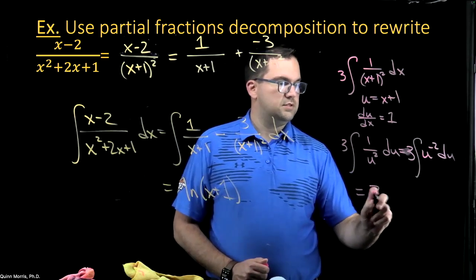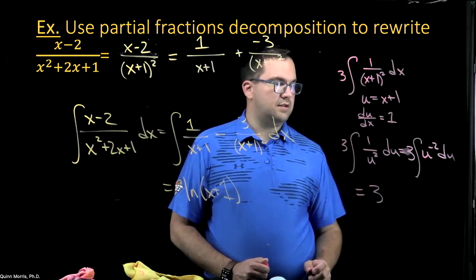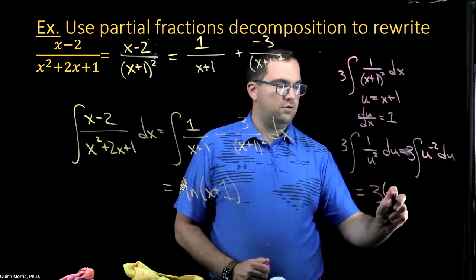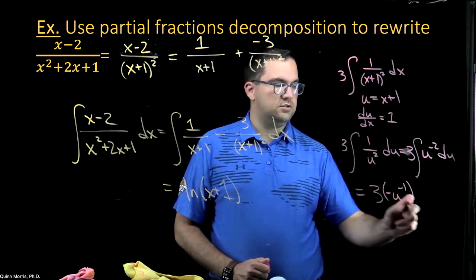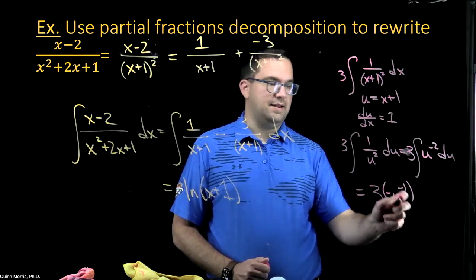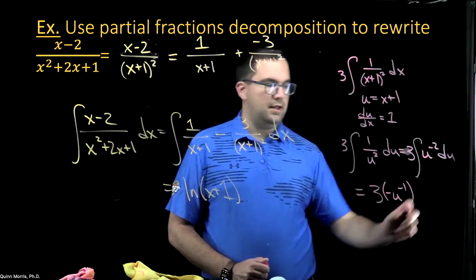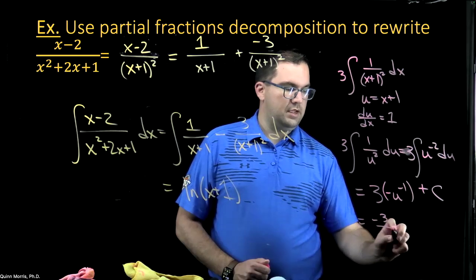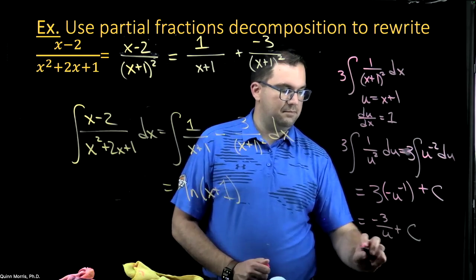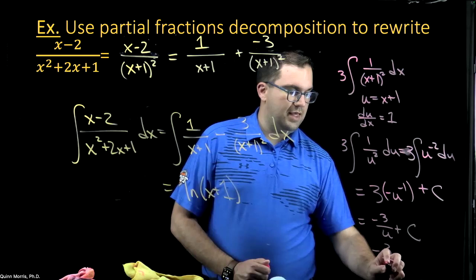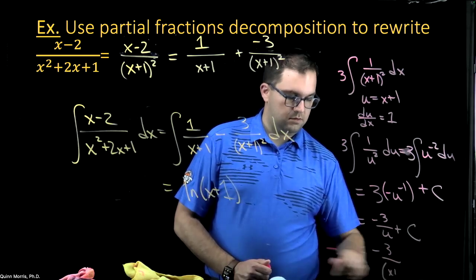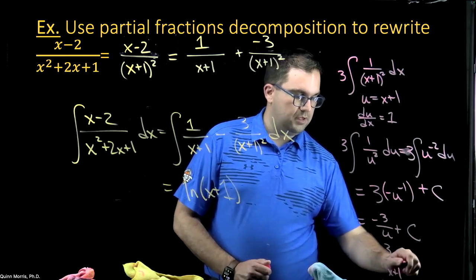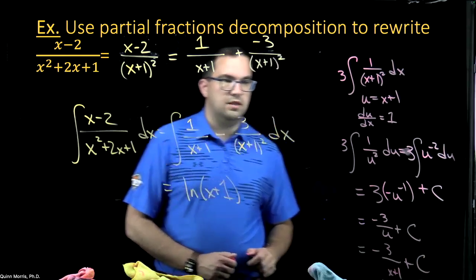Now the antiderivative of this is negative u to the negative 1: increase the power by 1 and divide by negative 1, which is the same as multiplying by negative 1. And so you get negative 3 over u plus c, but that's negative 3 over x plus 1 plus c.